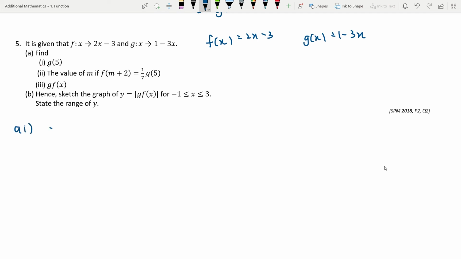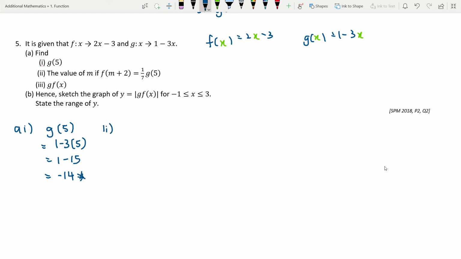A1, we need to find g of 5. We substitute 5 into function g. We have 1 minus 3 times 5, 1 minus 15, negative 14.